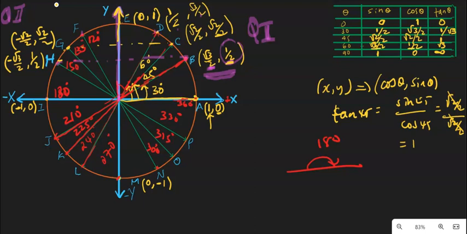If we mirror this value D to point F, we will find the x value change its sign, 1/2, which is negative, and the y-axis will remain the same.